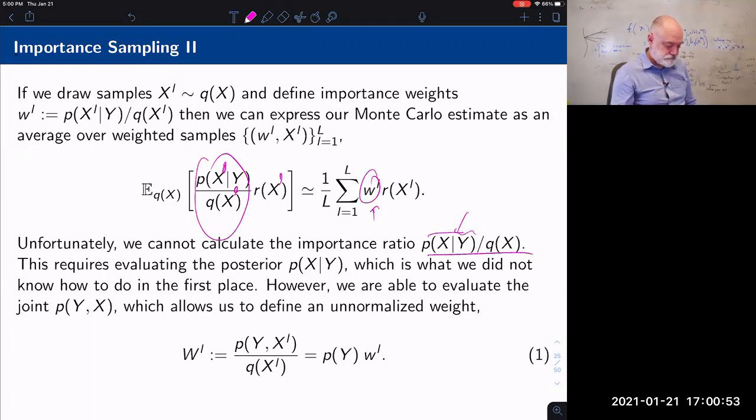However, we can evaluate the joint, which allows us to define an unnormalized weight. So now this unnormalized weight is the joint over the proposal. And relative to the posterior, there's this factor called the evidence that sits in front times the weight that was computed. So we've got the unnormalized weight and the normalized weight.